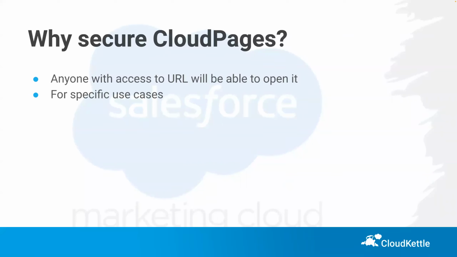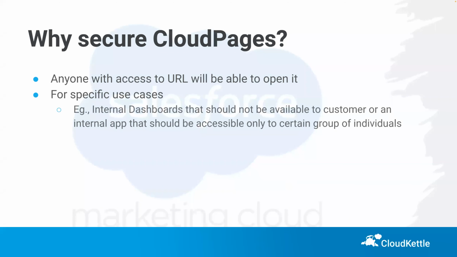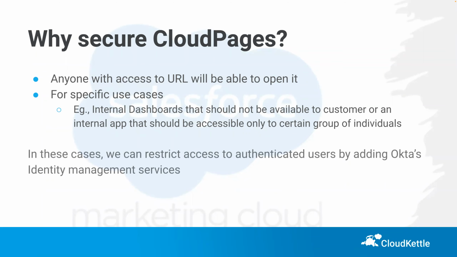If you want only a particular set of users from your organization, from your enterprise, to have access to this page, and you want to restrict access to only those employees who have Okta access, then you'd go ahead and implement Okta's identity management services.